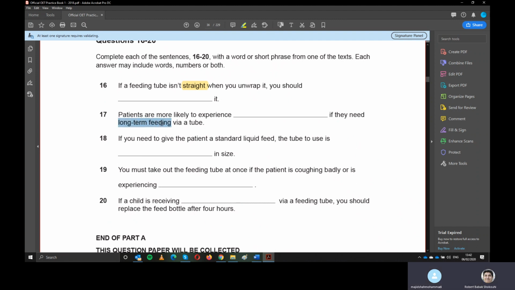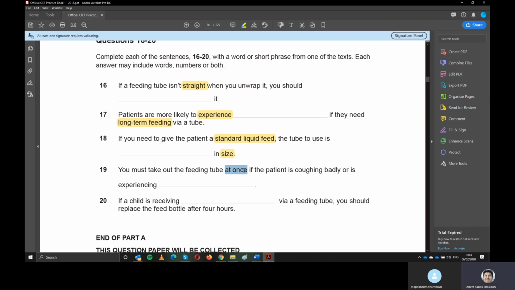If you need to give the patient a standard liquid feed, the tube to use is what size? So basically, you can write for yourself: if not straight, what should I do? If long-term feeding, what do they experience? For a standard liquid feed, what size?